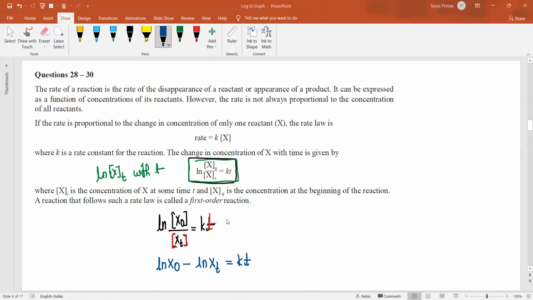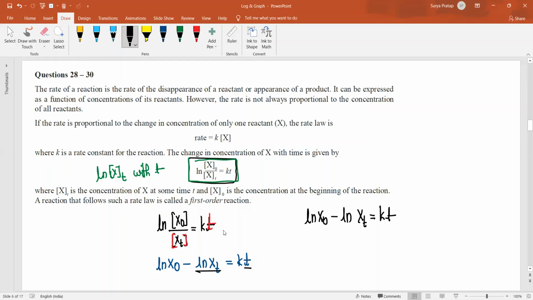Perfect. Now, if I have to see the relation of this term and this term, then I can suppose the other parameters are constant. That means I will suppose that k and log x naught are constant values which are not changing. So this will be log x naught minus ln xt is equivalent to kt.